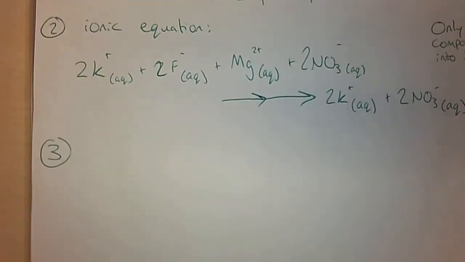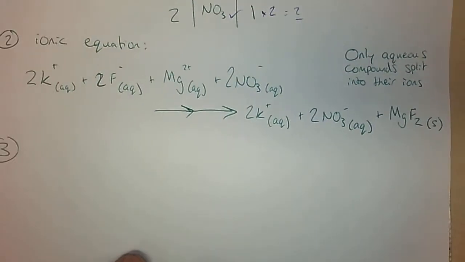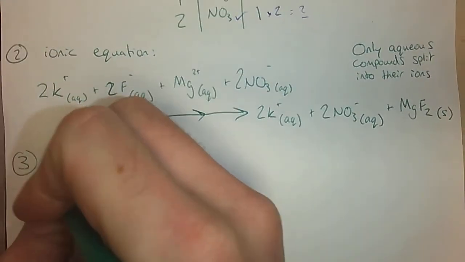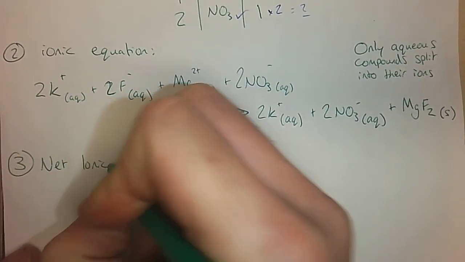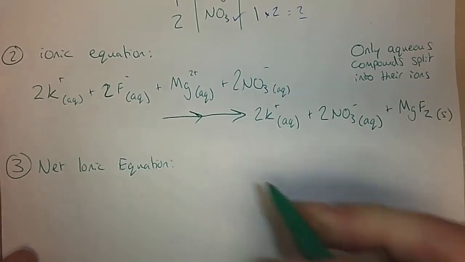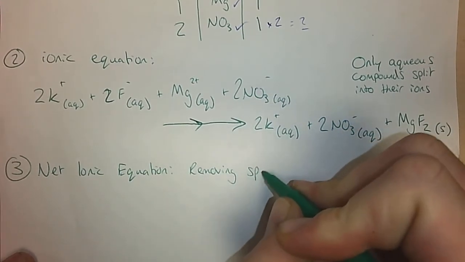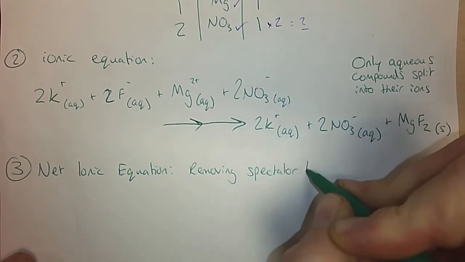Yep. So that means we're removing the ones that don't change at all. Let's have a little look at what they are. So if we do our net ionic equation, we are removing spectator ions.